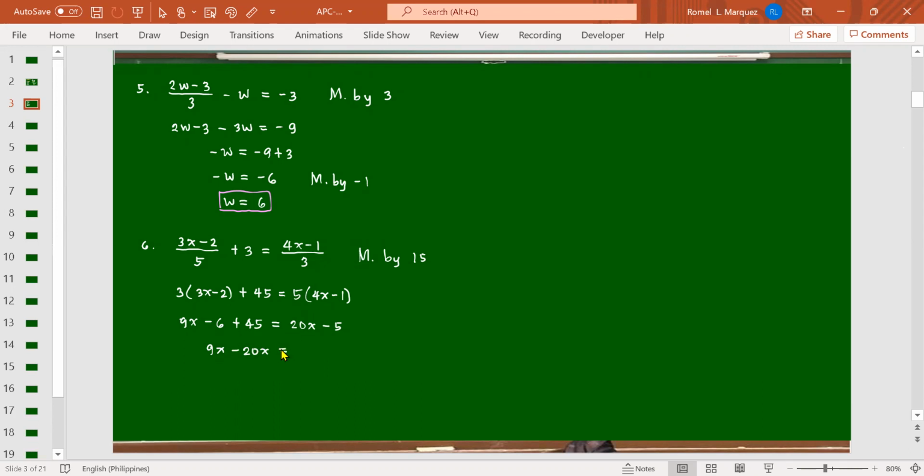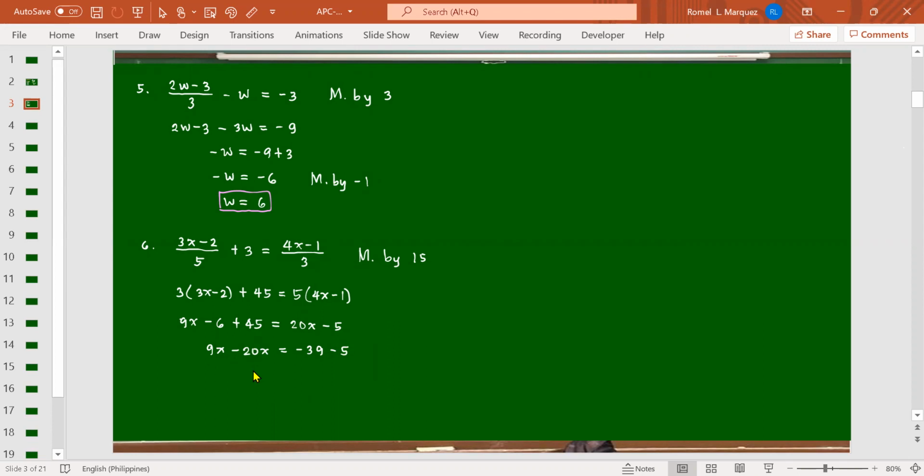So this negative 6 plus 45 is equal to 39. Adding negative 39 on each side, we have negative 39 on the right side. So then minus 5.